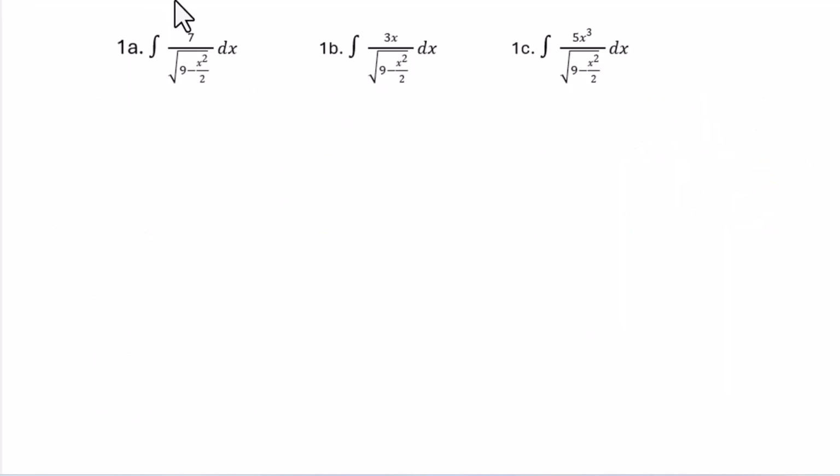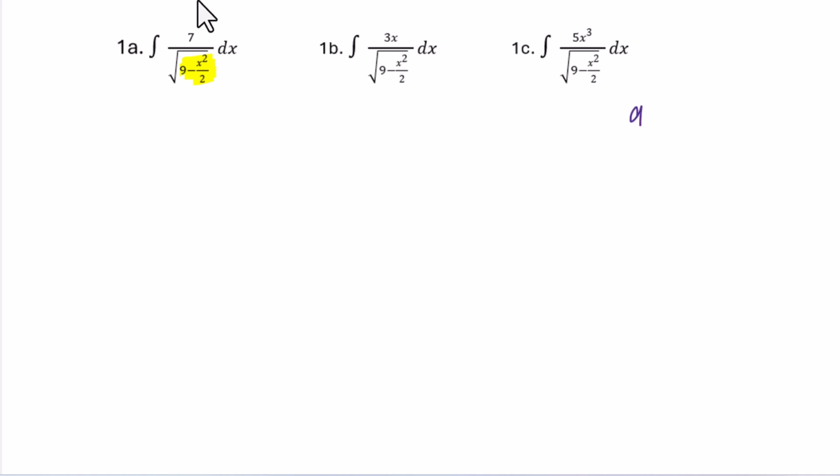For question 1, we have 3 integrals to evaluate. First step, you need to check U substitution or reverse chain rule. Let's check u prime.